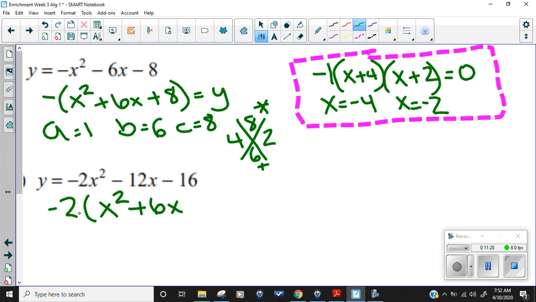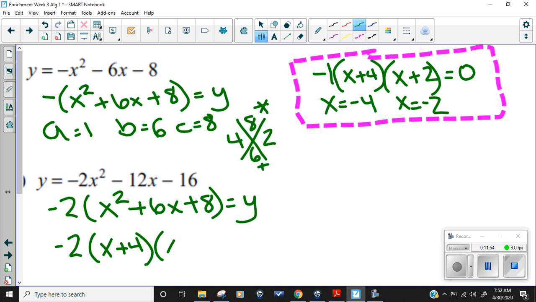Negative 16 divided by negative 2 is 8. So look, it's exactly what I have above. So what's going to be different with this one, now we just factored it and we know these are the factors, x plus 4 and x plus 2, is that instead of a negative 1 outside, you have to write this negative 2. So as you see, these are two different problems, but they have the same factors when I take out the GCF.